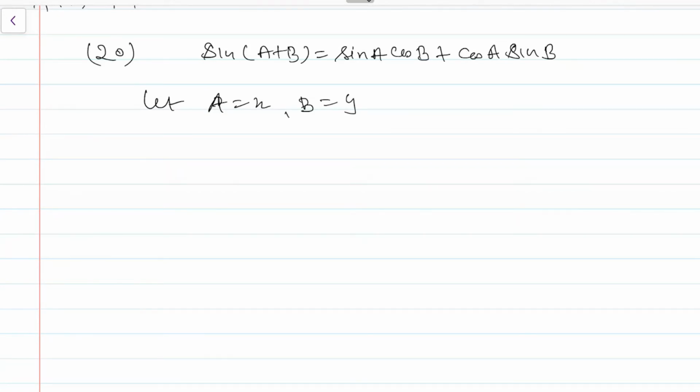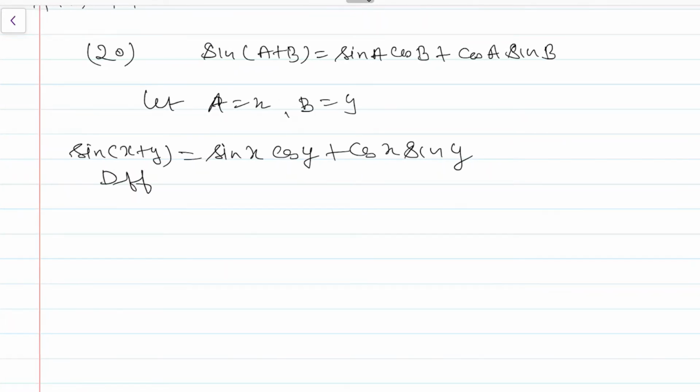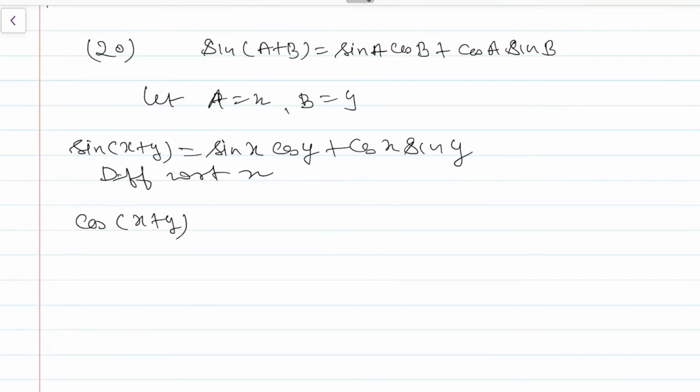So the formula for sin(x plus y) will be sin(x plus y) is equal to sin x cos y plus cos x sin y. Differentiating with respect to x, we get cos(x plus y) into (1 plus dy over dx) using chain rule.